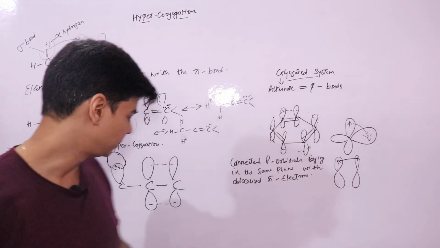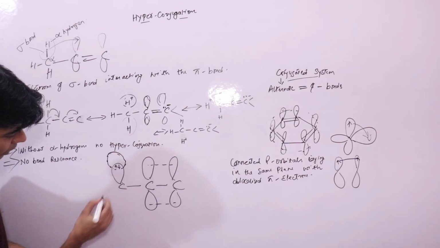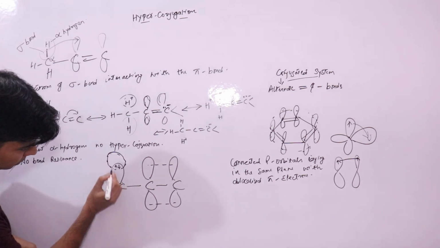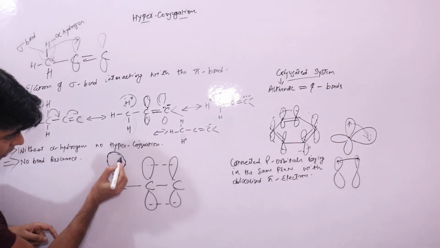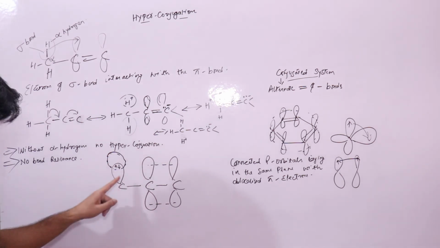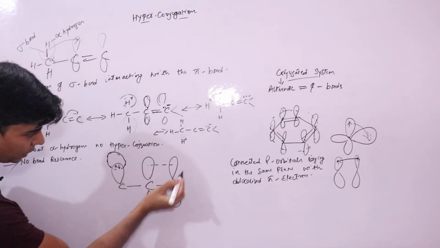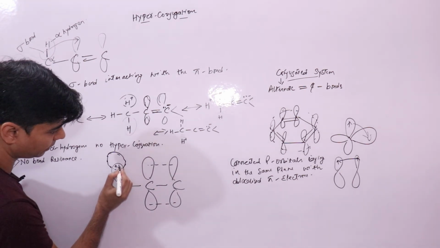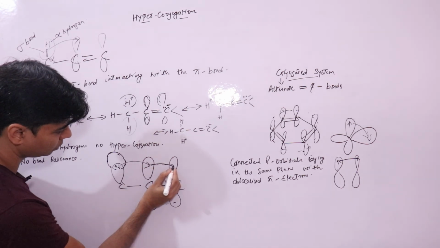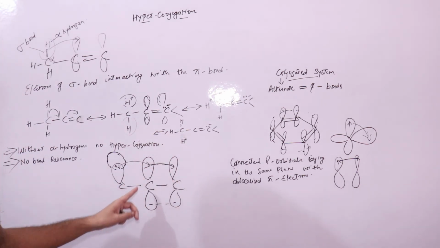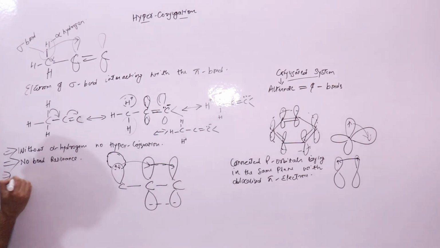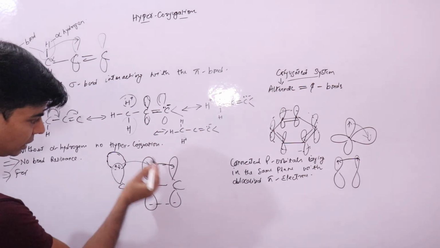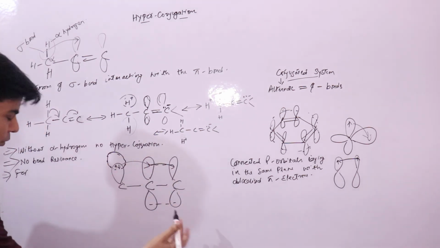Here also, the sp3 orbital and the overlap with the H orbital should be in the same plane of this p orbital, so that sigma electrons can delocalize into this p orbital or pi bond. So this is basically known as delocalization of sigma electrons into the pi bond or into the p orbital.